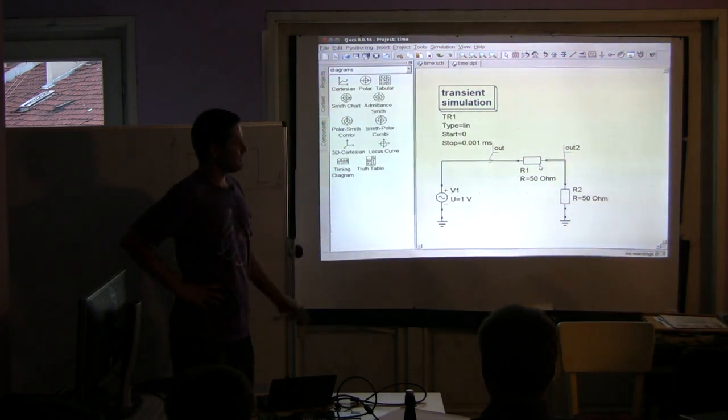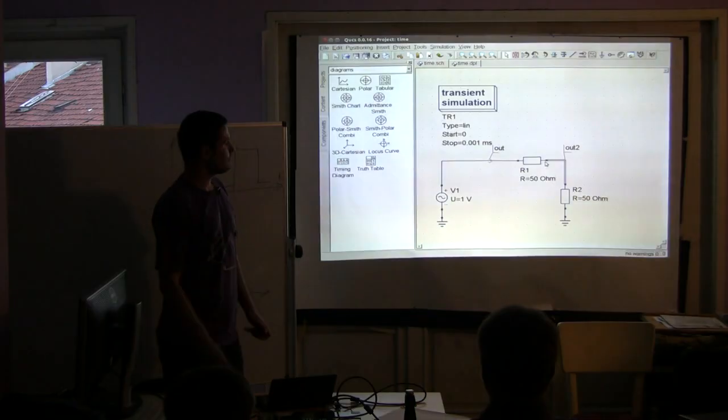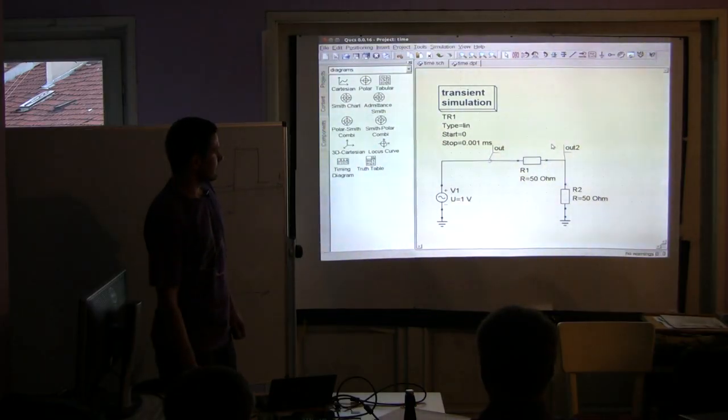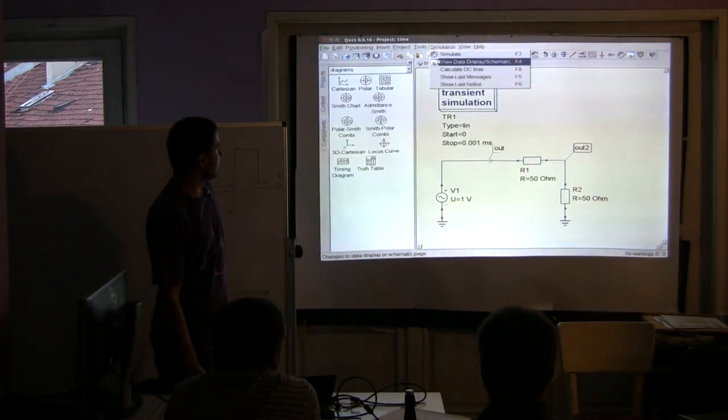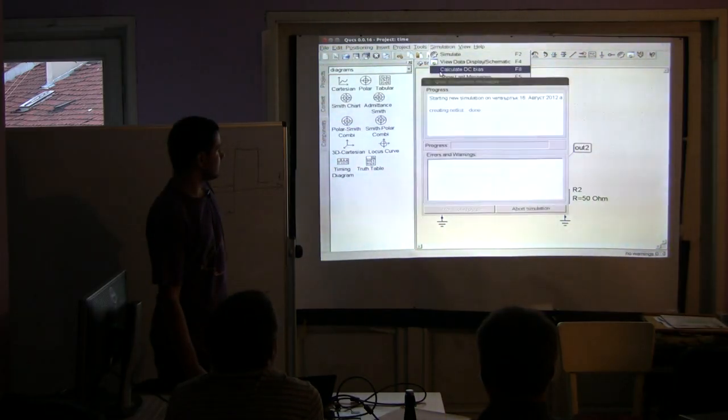Yes, it should be connected to ground or some other part of the circuit. When we get to the transistors, you will see this. But the current we can see from the DC bias parameters.